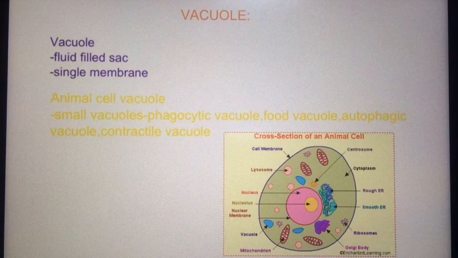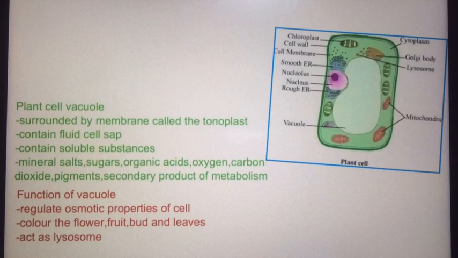A vacuole is a fluid-filled sac bounded by a single membrane. Animal cells contain relatively small vacuoles such as phagocytic vacuoles, food vacuoles, autophagic vacuoles, and contractile vacuoles. However, plant cells, notably mature parenchyma cells, have a large central vacuole surrounded by a membrane called the tonoplast.